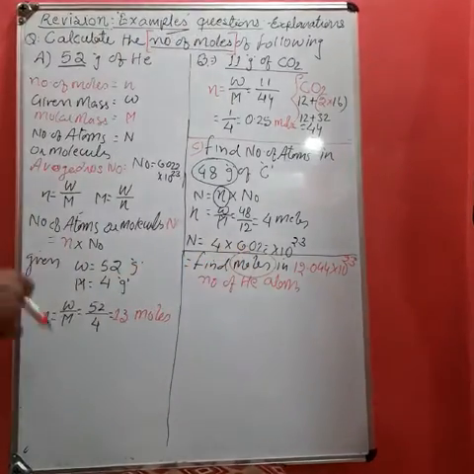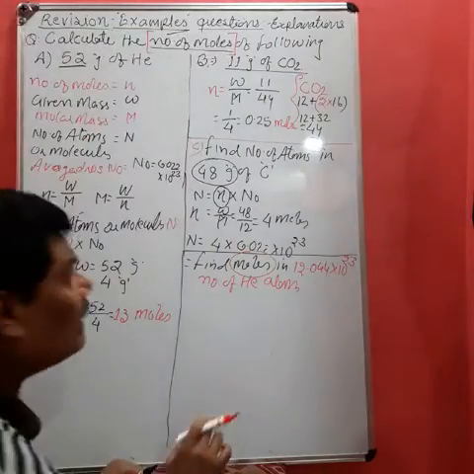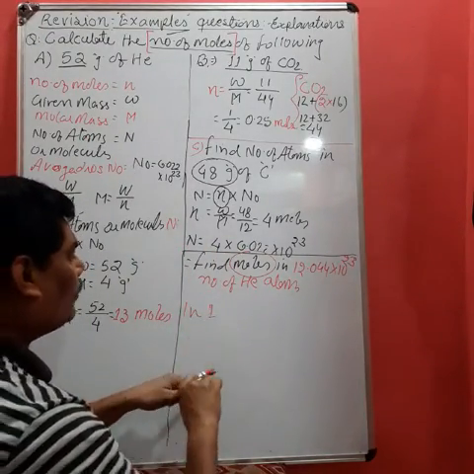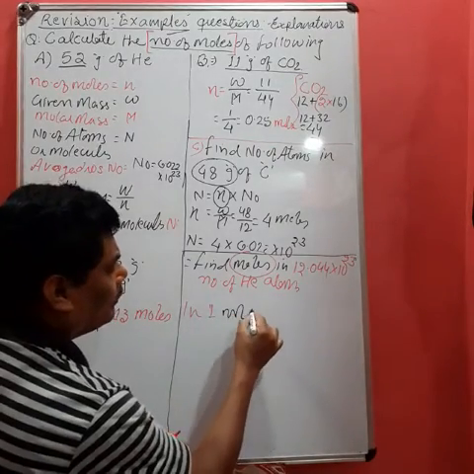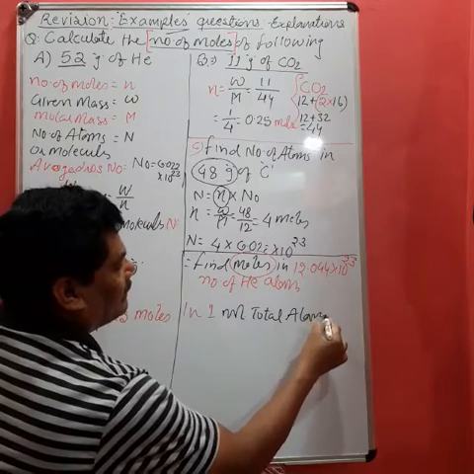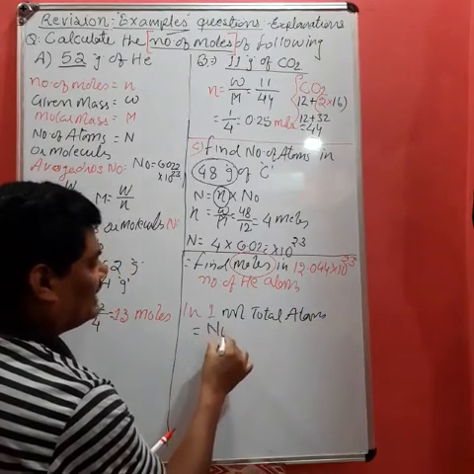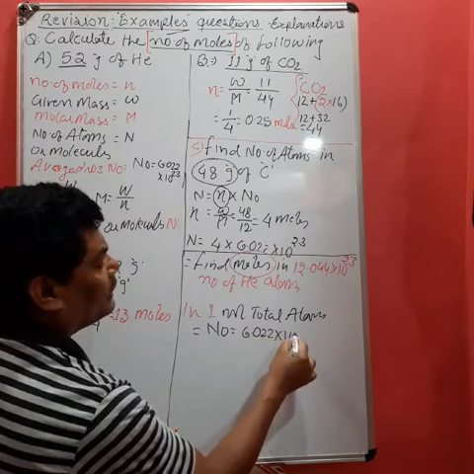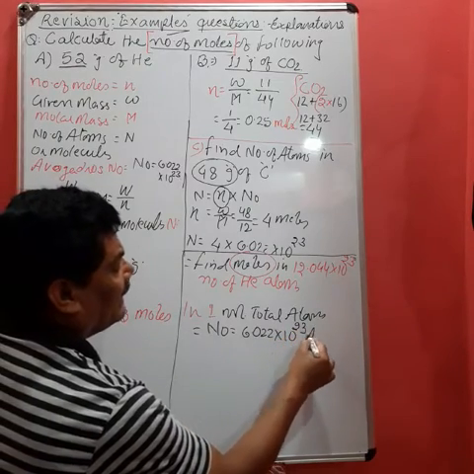Number of moles. So in 1 mole, total atoms is equal to N0, which is equal to 6.022 into 10 to the power 23 atoms.